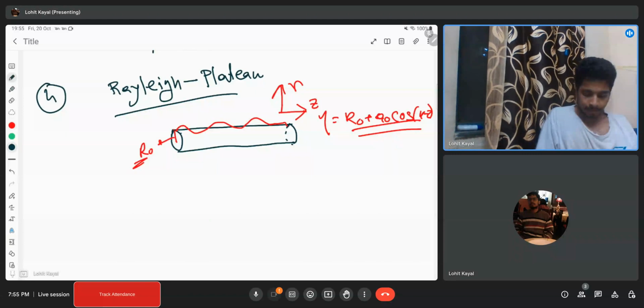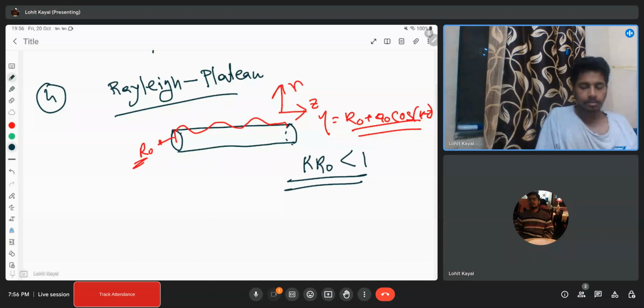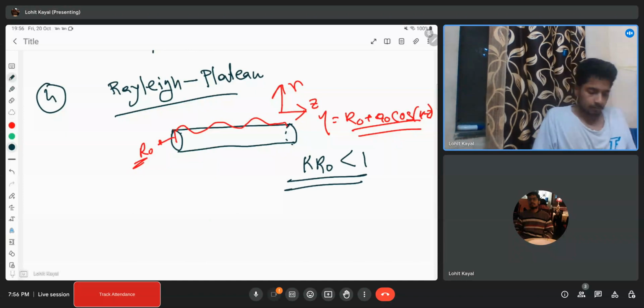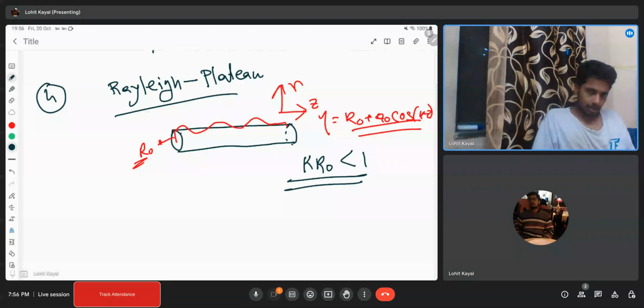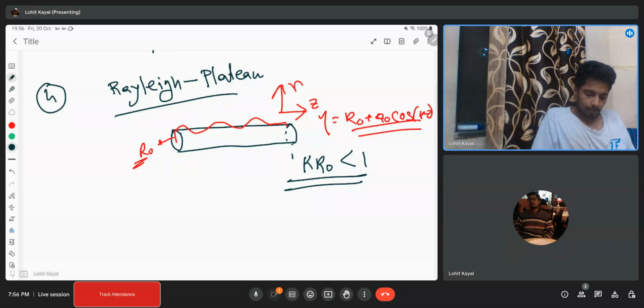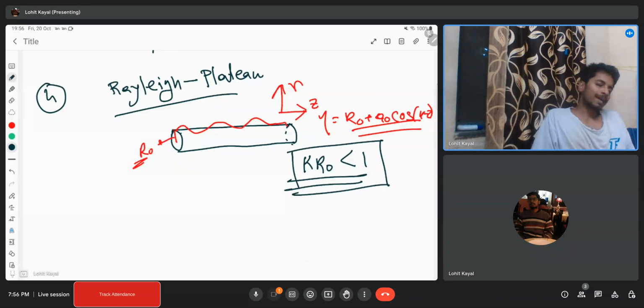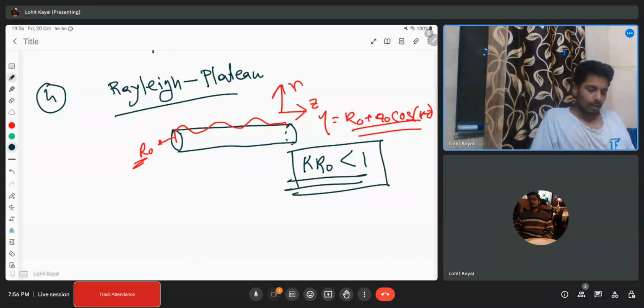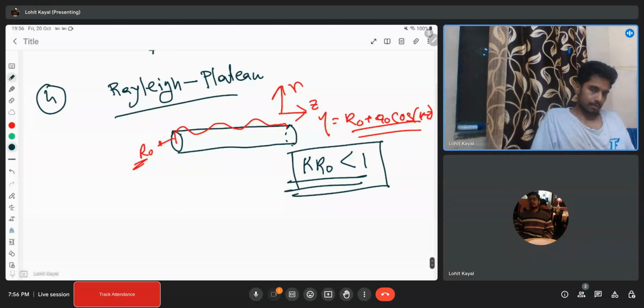Under certain criteria, when k r naught is less than 1, we get it from the dispersion relation. Just check the dispersion relation. I do not remember the exact formula for that, but we have derived the case that when your k r naught is less than 1, then your system is unstable. Okay, in axisymmetric.